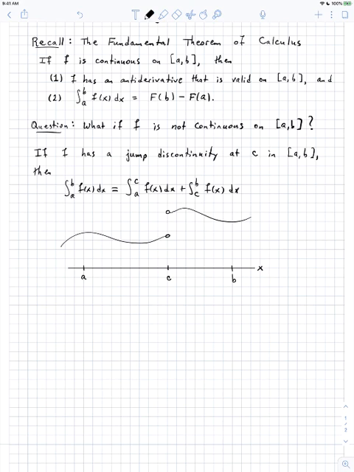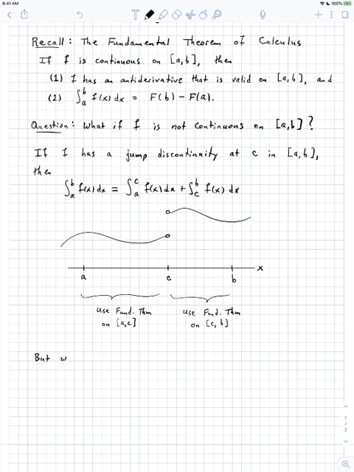So if you have a jump discontinuity, it's very easy to get around that, because now you can use the fundamental theorem on the interval from a to c, and then you use the fundamental theorem separately on the interval from c to b. So you can still use the fundamental theorem of calculus, but you just have to do it twice. And then you add the two definite integrals together. Okay, so that's what to do if you have a jump discontinuity.